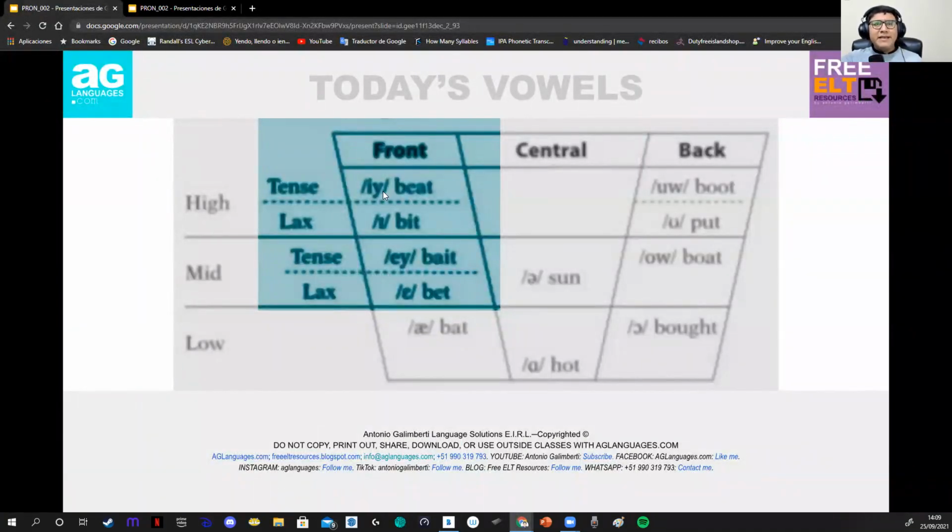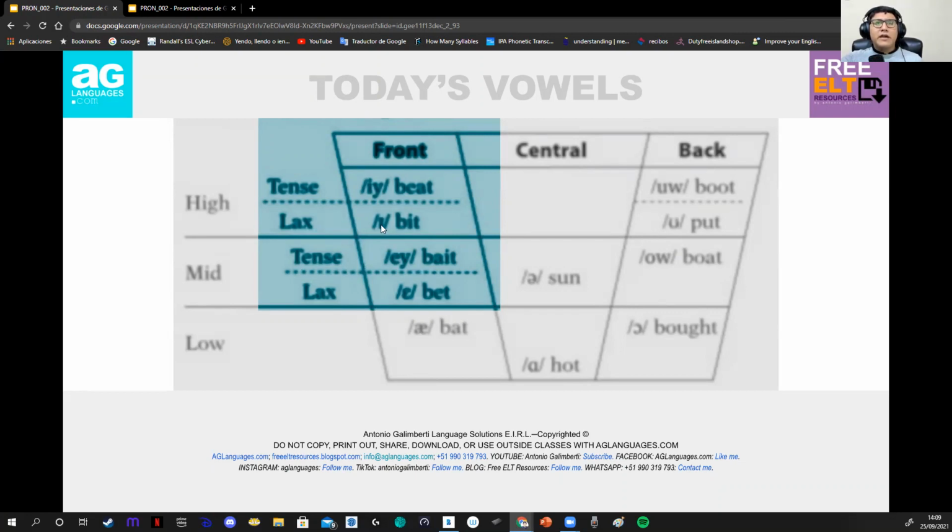We have the vowel as in "beat," which again is a high tense front vowel. It is tense because you feel the tension here. It's not relaxed. Then we have a relaxed or lax one, as in "bit." Or the preposition we just saw, in. In my country, in.